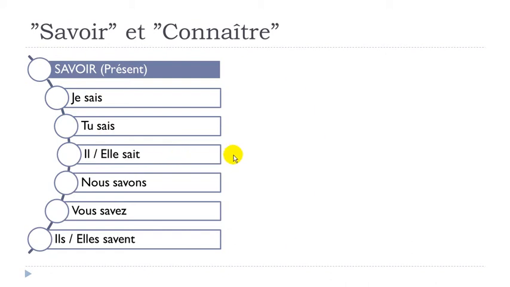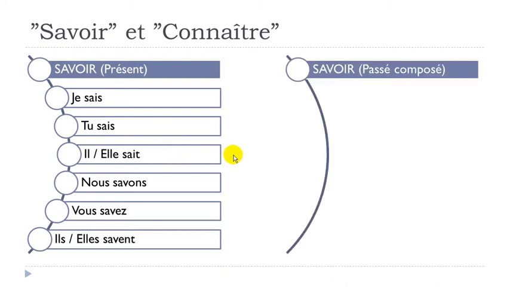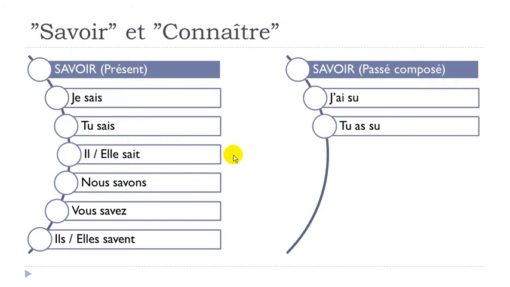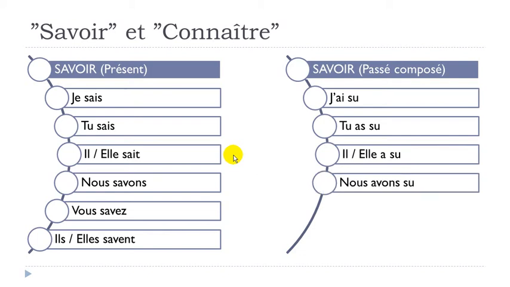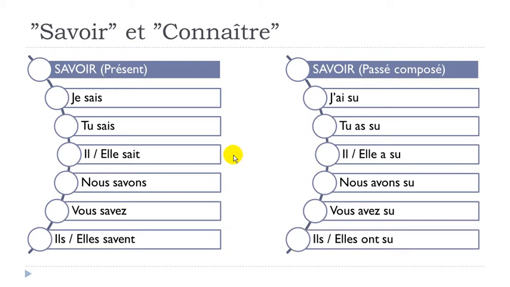All right, so let's see now the passé composé form. J'ai su, tu as su, il a su, elle a su, nous avons su, vous avez su, ils ont su. If you remember, when we introduced this passé composé form, it was in Unit 5, if my memory is correct.